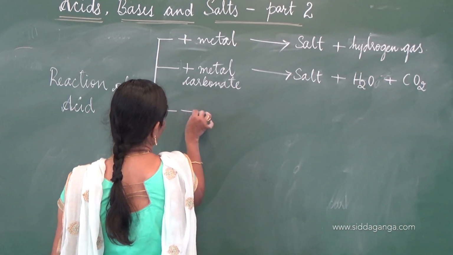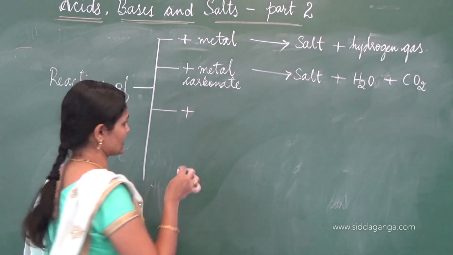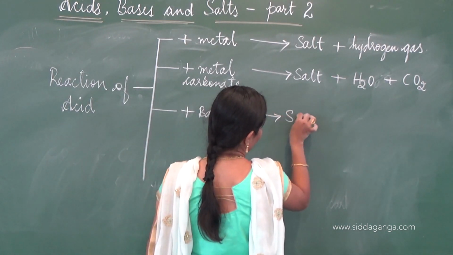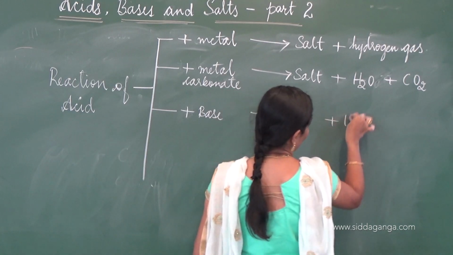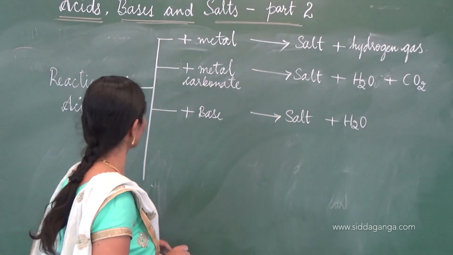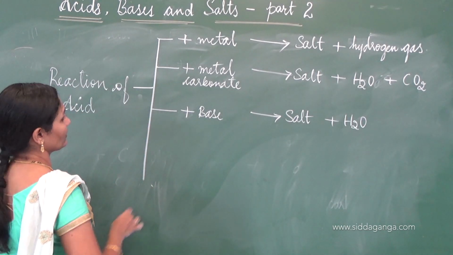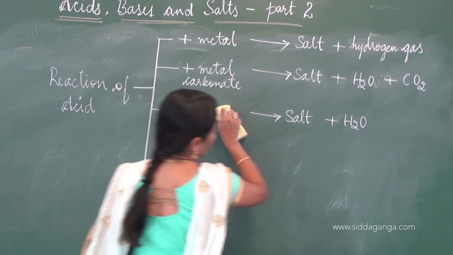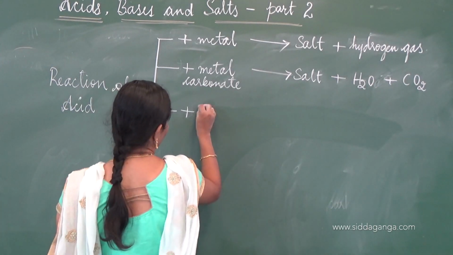Further, we saw how acids react with base. Acids reacting with base yield salt and water. This is the neutralization reaction. Next, we'll write metal hydrogen carbonate.